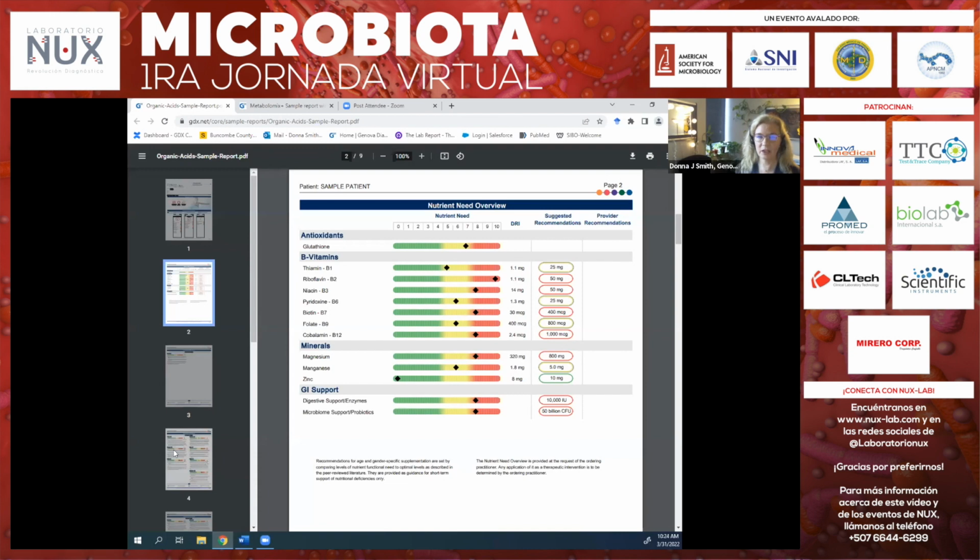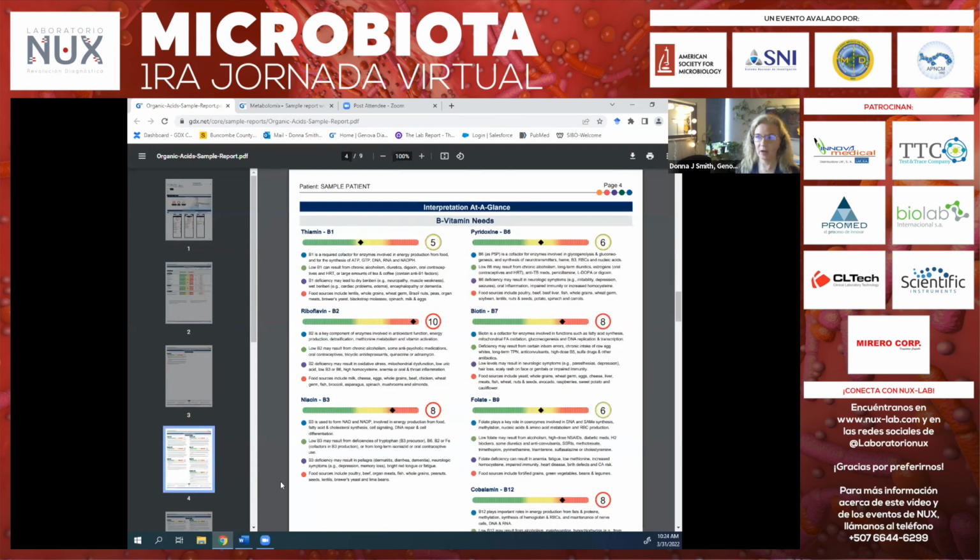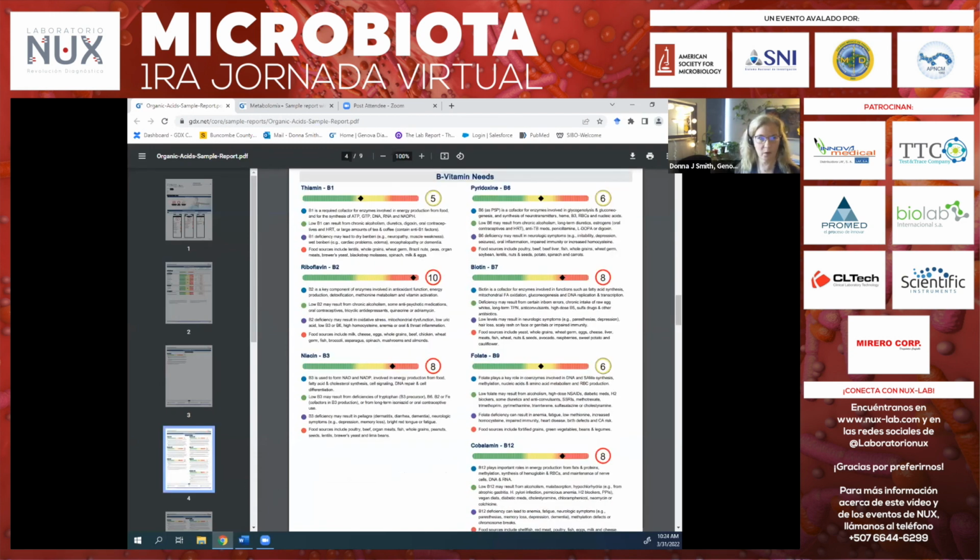So on pages 3 through 6 of the report, we have the nutrients. Each nutrient is listed along with its level of need that we have here with the scoring. And then we have some very significant information about each nutrient with the bullet points, such as why the nutrient is important, the causes of deficiency, the symptoms of deficiency.